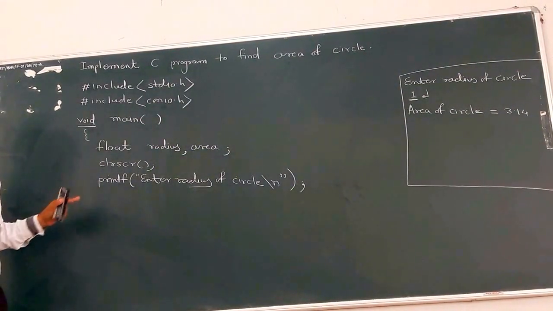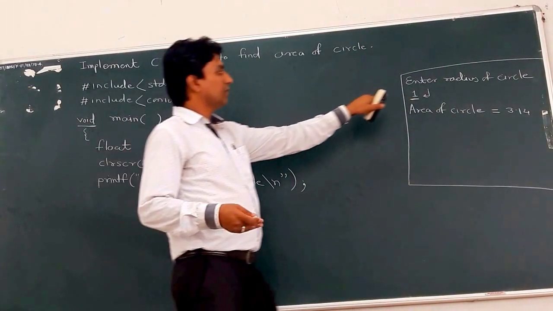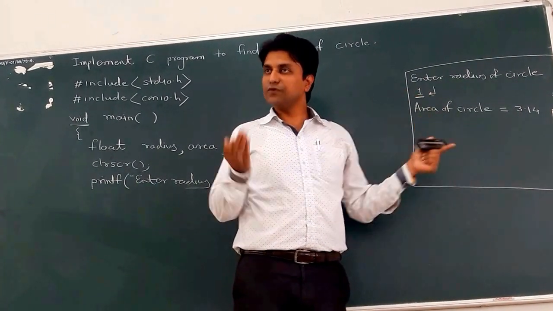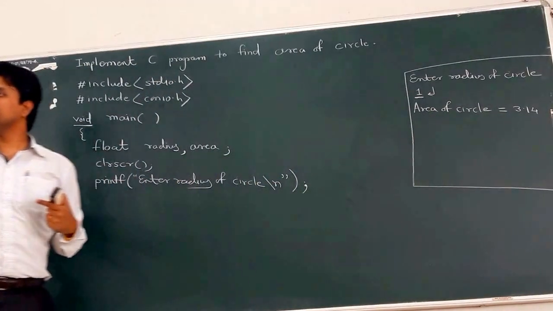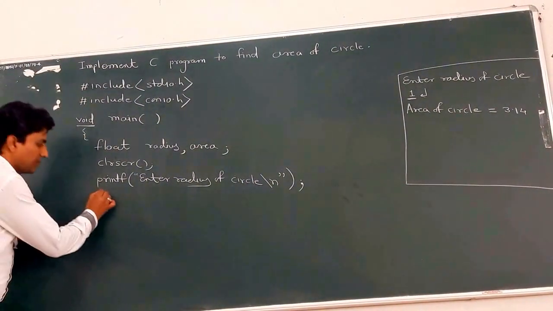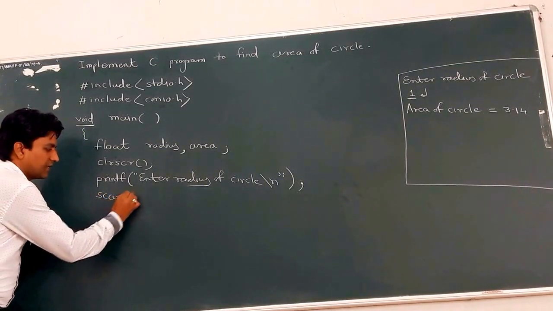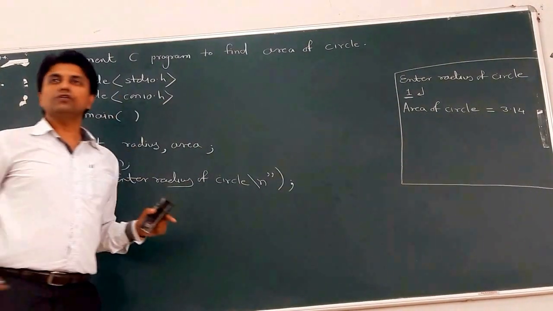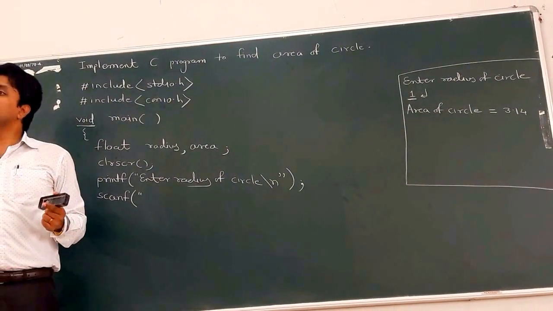Next, we want to take the value of radius from the user. For taking a value at runtime, where the user enters some value of radius, the scanf statement is there. Scanf. Now that value of radius is a float.